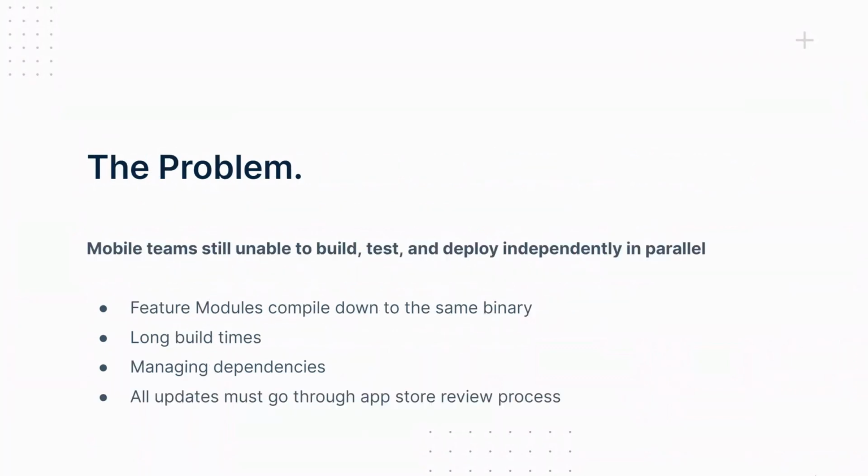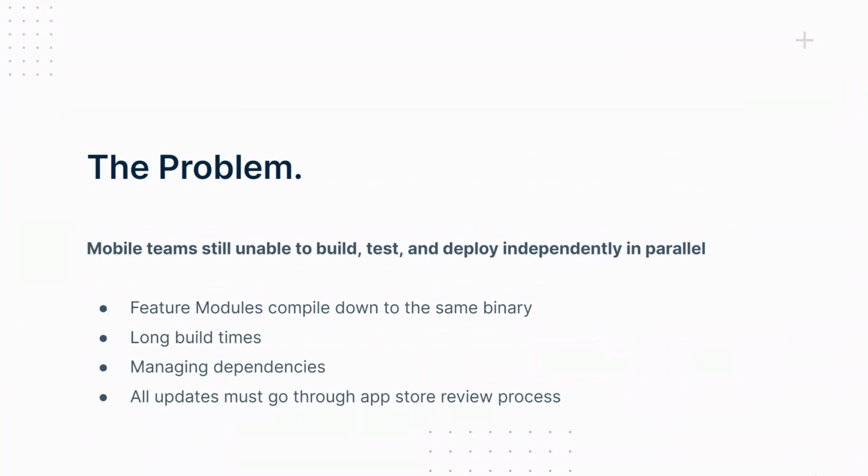However, despite those innovations that Apple and Google have provided for native mobile teams, they're ultimately still unable to build, test, and deploy independently in parallel. There are a few things that combine to drag us down in native mobile land. Even if you're working in individual teams and put out feature modules, you do get some gains there.